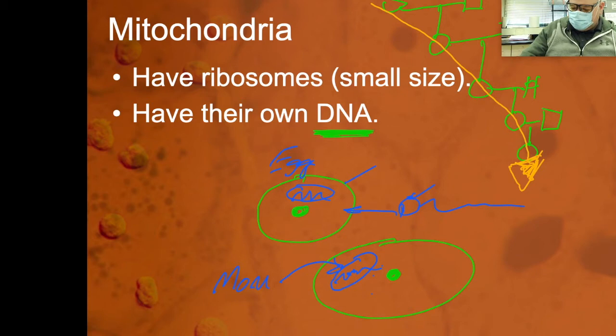Even if you're male, you always have mom's mitochondrial DNA on mom's side. So this would be mom, grandma, great-grandma, great-great-grandma. And so we can look back at that and see where your female ancestry originated.